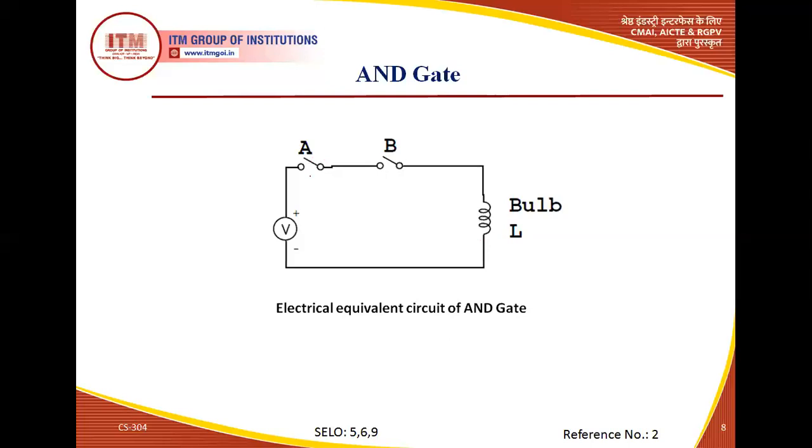So when any switch in that circuit is open, we do not get the output, that means the bulb does not glow. And when all the switches are closed, that means all the inputs are high, then the bulb glows, that means the output is high. So that is the electrical equivalent circuit of the AND gate.